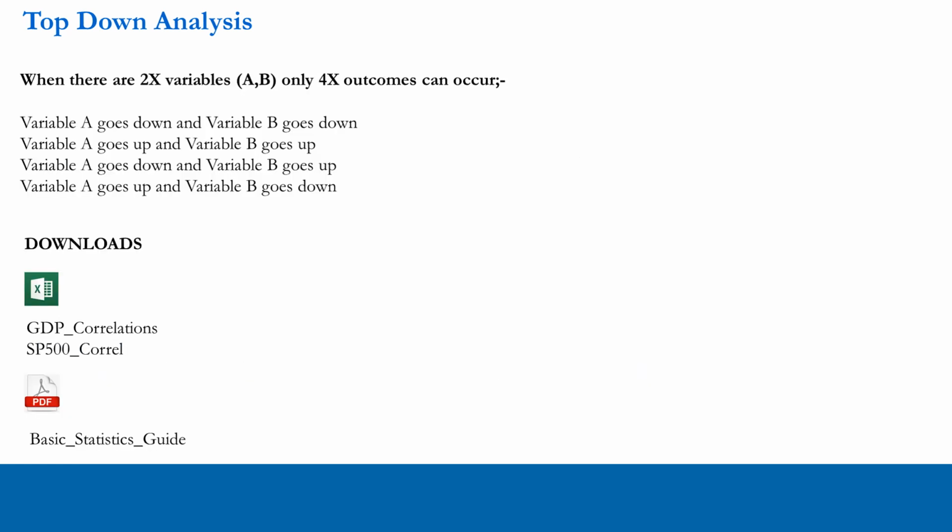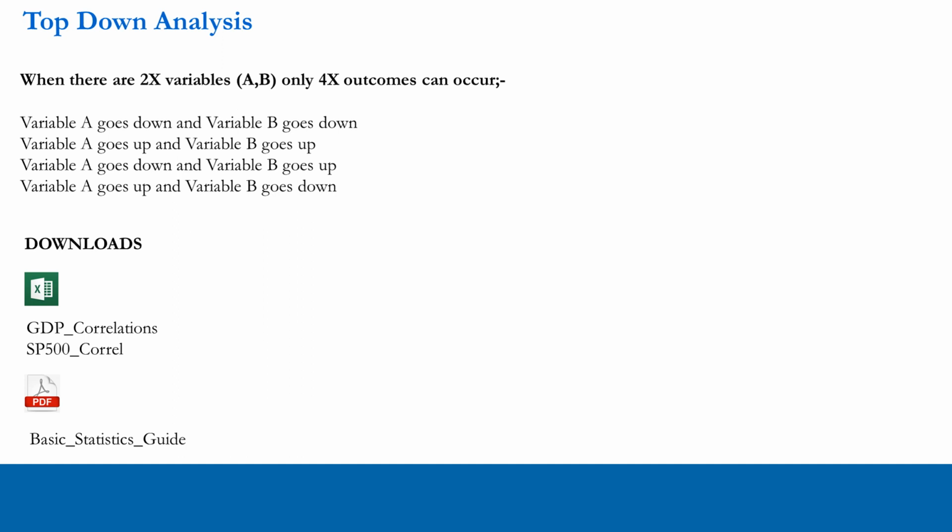So, more definitions here inside the top-down analysis remit. When we're looking at variables, we mentioned correlation earlier. We're looking essentially here at 2 variables. In this context, we're looking at the S&P 500 and GDP, which we will come on to later.